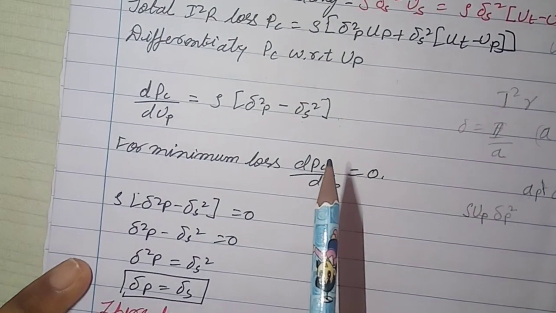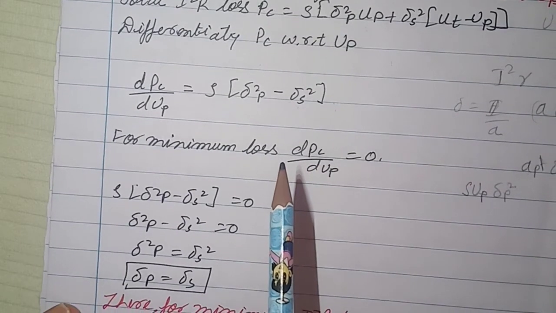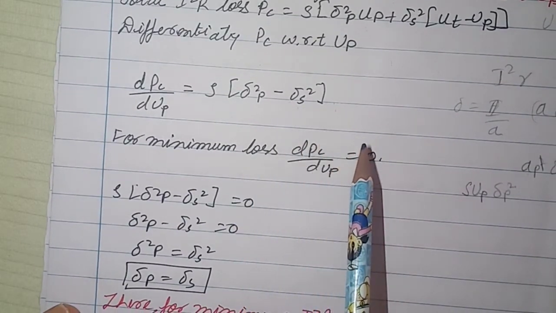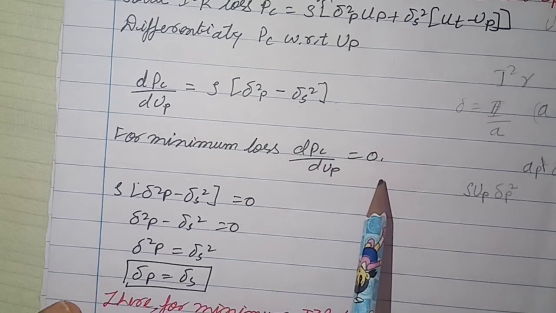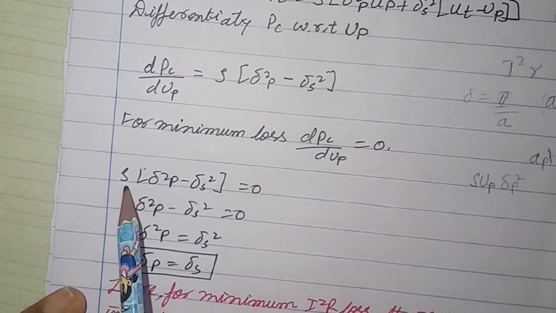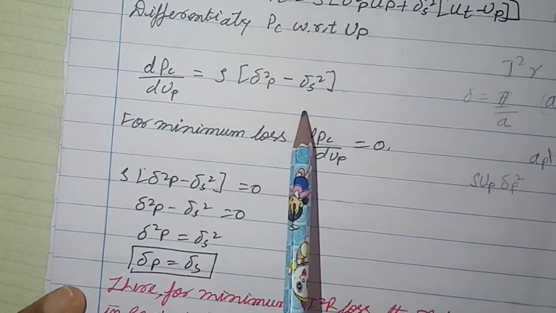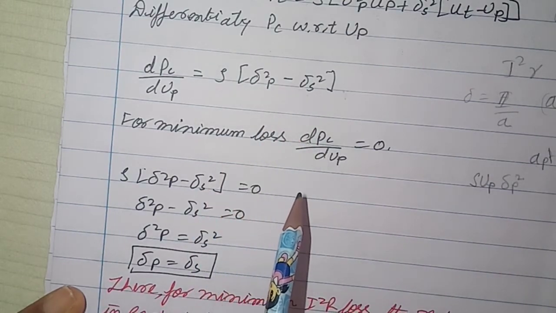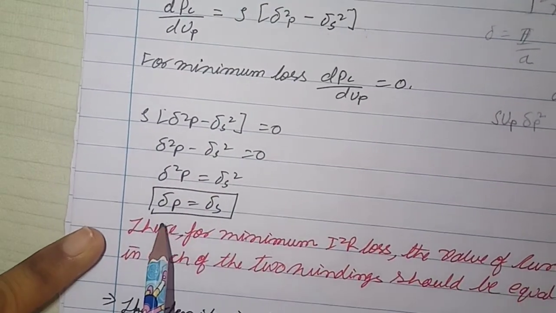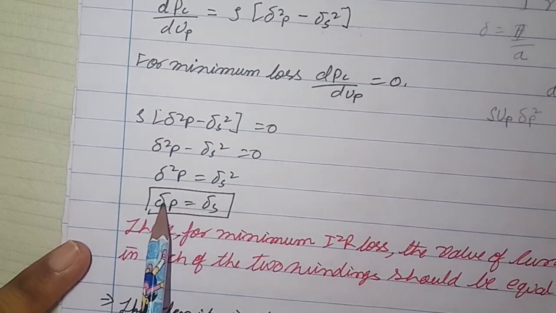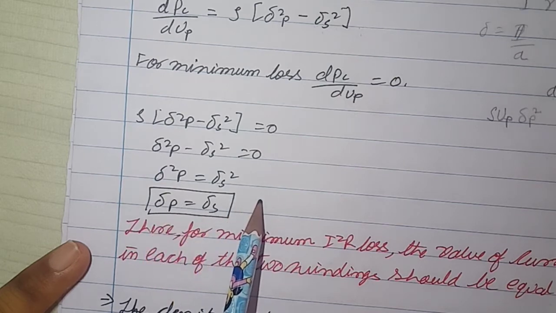Next, for minimum losses, we usually equate the differentiated equation to 0, and the same is done here. So rho times (delta P square minus delta S square) will be 0. So we get delta P is equal to delta S, that is, the current density in the primary is equal to the current density in the secondary.